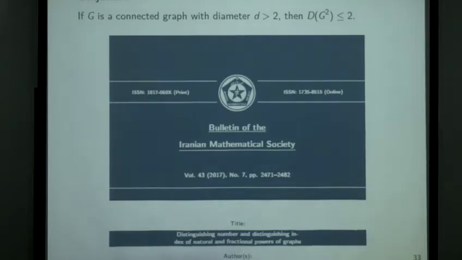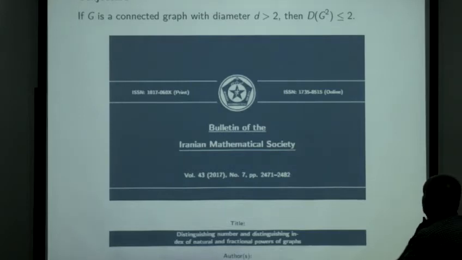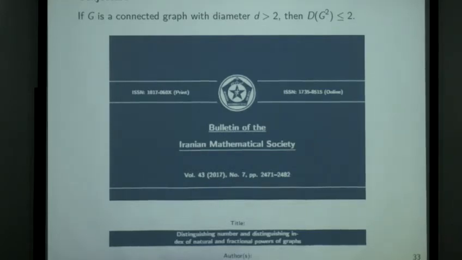But actually, we could prove that the distinguishing number of G^3 is less than or equal to 3, but we think we can improve this upper bound to 2.